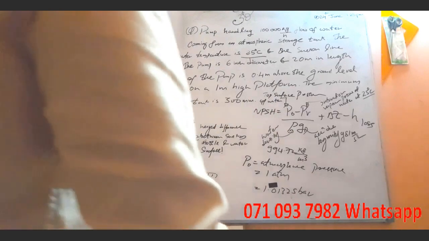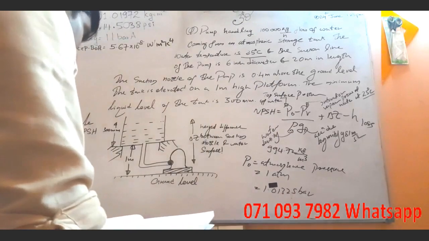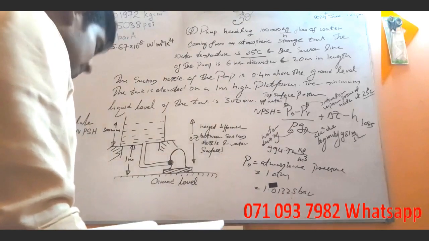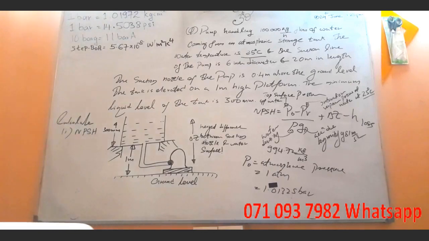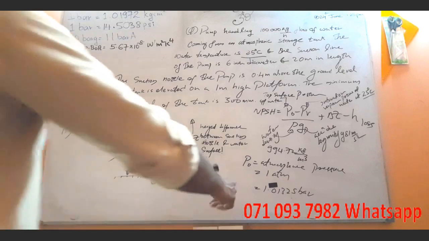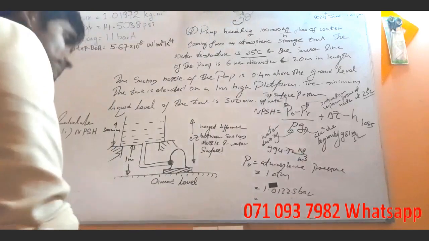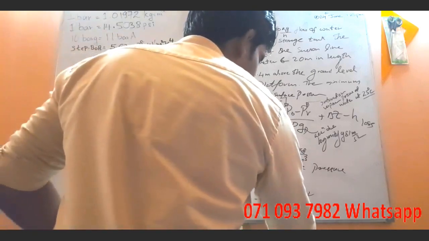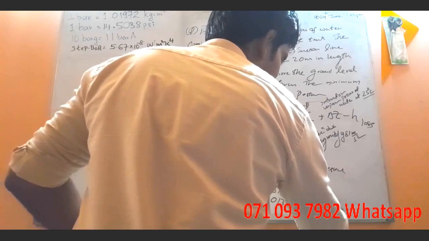You have to keep the units in the standard format, so 1.01325 bar in pascals is 1.01325 times 10 to the power 5 pascals.